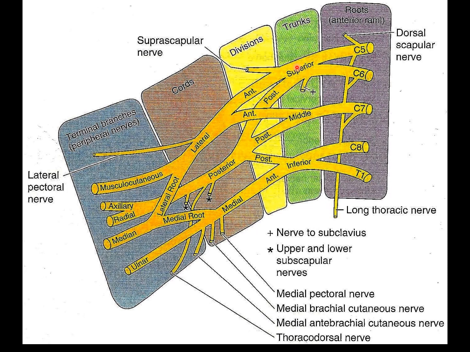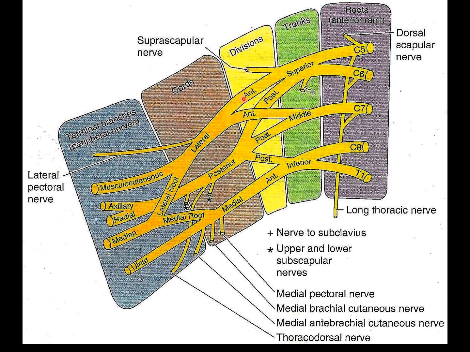Now after that, each trunk divides into two divisions: anterior division and posterior division. Also the middle trunk, anterior division and posterior division. Also the inferior, as anterior division and posterior division. So it means that each trunk is dividing into anterior and posterior divisions. So these are known as the divisions of the brachial plexus.